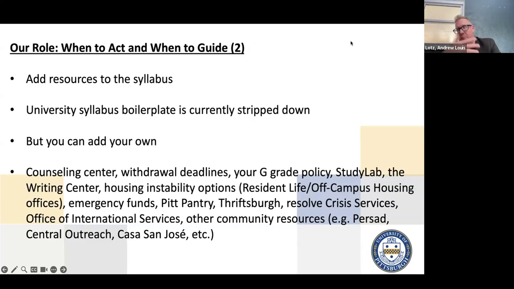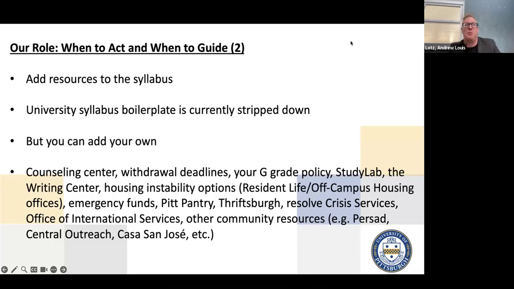Prasad Center in Pittsburgh, we're blessed to have an LGBTQ plus mental health support organization here in our community. Central Outreach for community health. Casa San Jose, if they are stressed about policing on the streets and, if they're an international student, what to do if I'm approached by ICE.